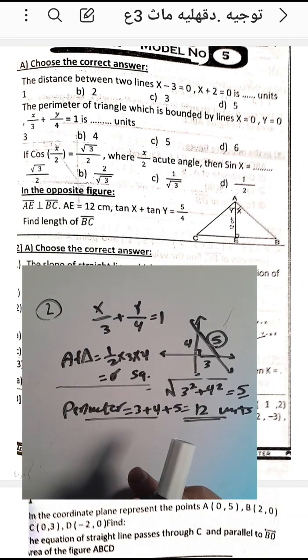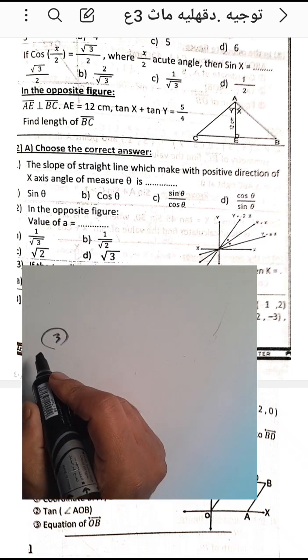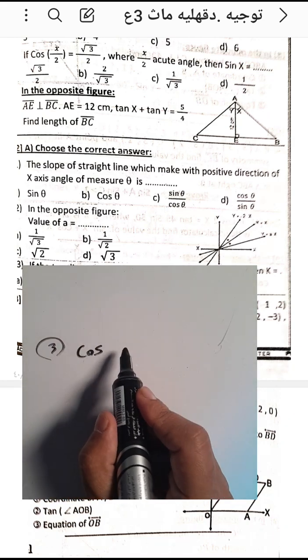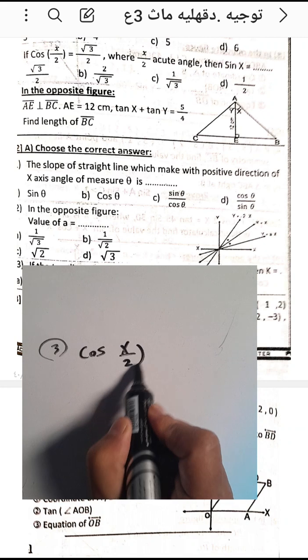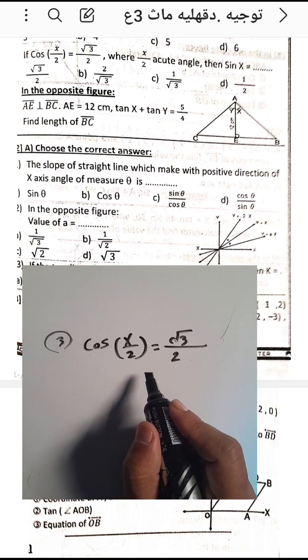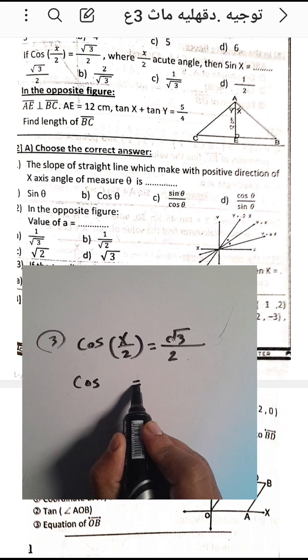Question number 3. If cosine x over 2 equals root 3 over 2 and x over 2 is an acute angle, we know cosine of what equals root 3 over 2?